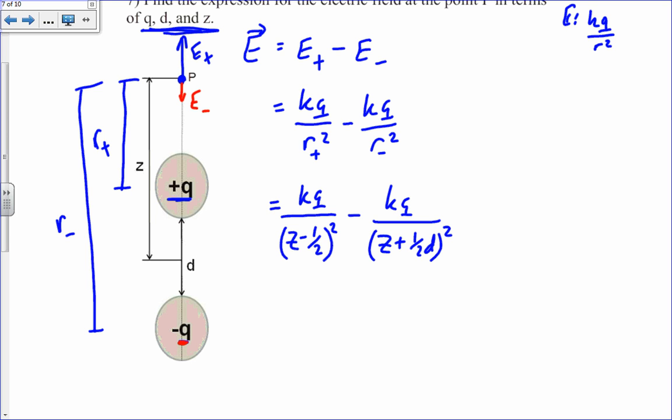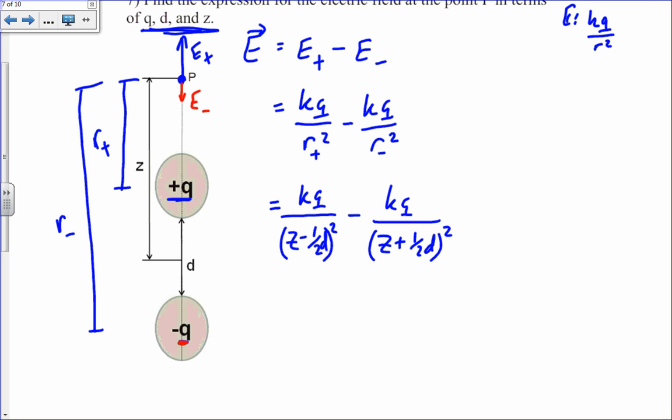All right. It might not seem obvious to you why we would do this, but once we get to the end, you'll see that we get a really nice expression for the electric field that's only in terms of Q, D, and Z. So let's see, I left a D out here, so that should be D.